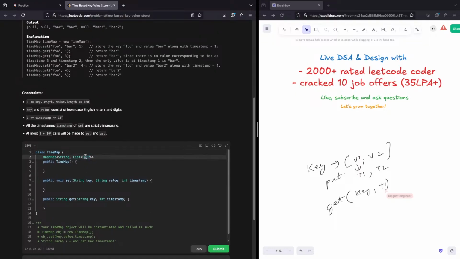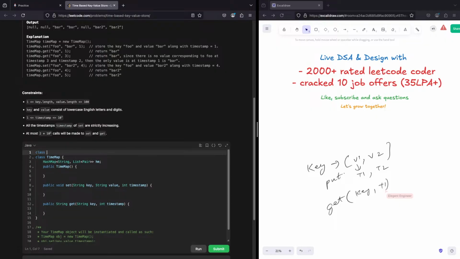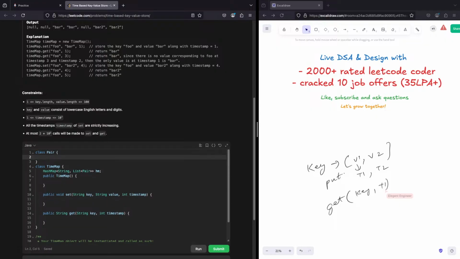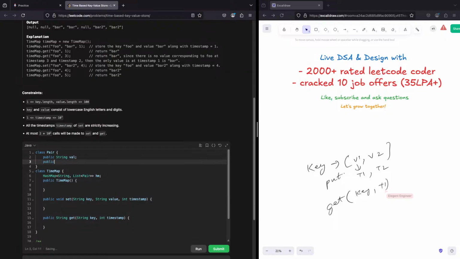So let's call it key value pair. Let's call it pair only, then list of pairs. And this is your HM. And I need a class pair which has a string value and string time.